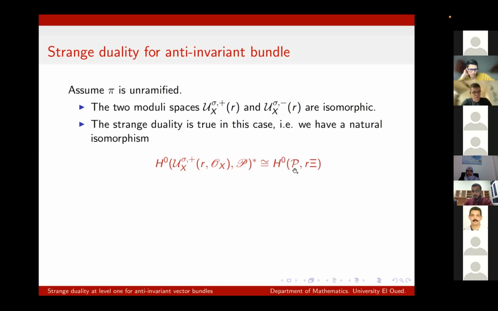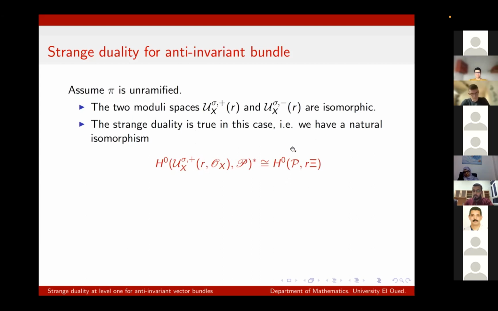Note that the Prym variety in the unramified case is a principally polarized abelian variety, and the restriction of the theta divisor to P has a square root. It's actually the same result as for this moduli space: when you restrict the determinant bundle here, it has a square root.